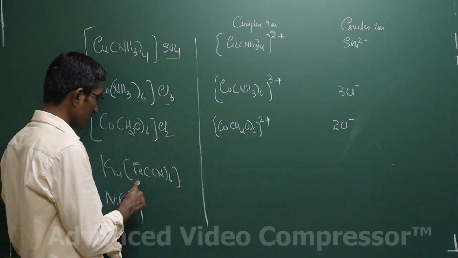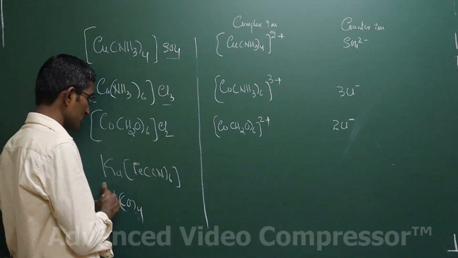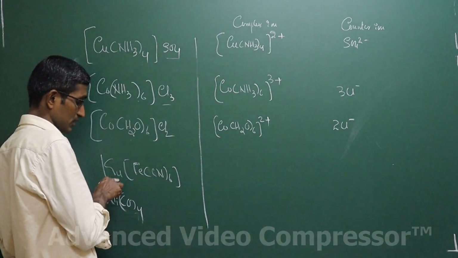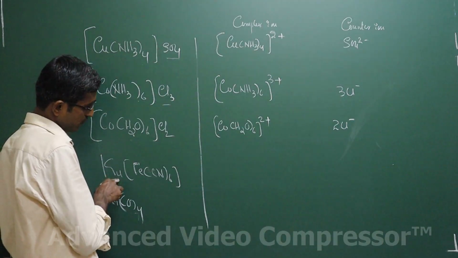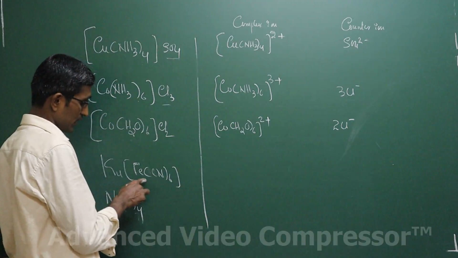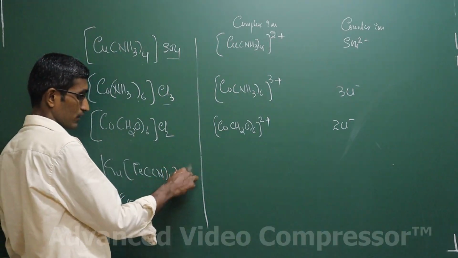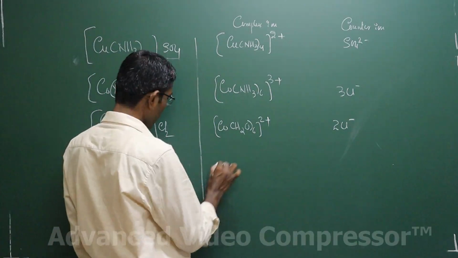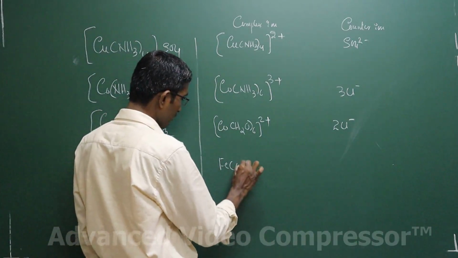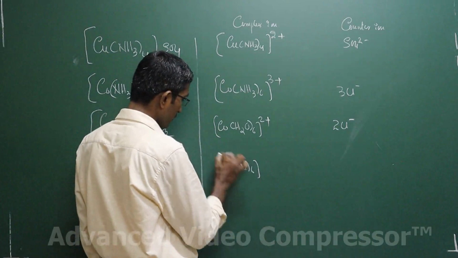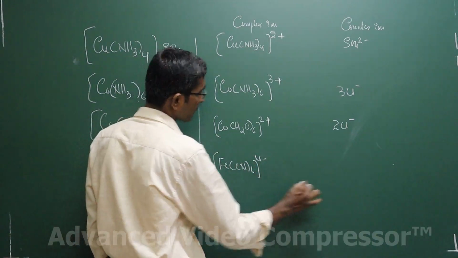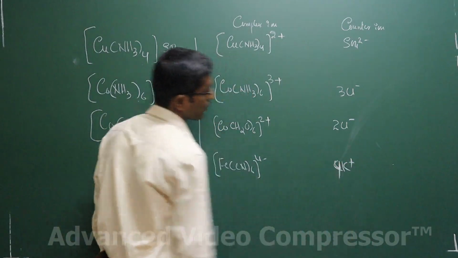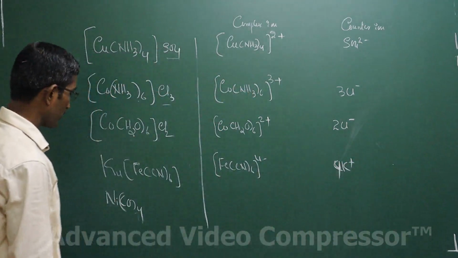As far as this is considered, there is a positively charged counter ion. That means 4 positively charged counter ions are there, right? That means the charge on the complex is -4. So the complex ion here is [Fe(CN)6] 4-, and we have 4 K+ ions as a counter ion.